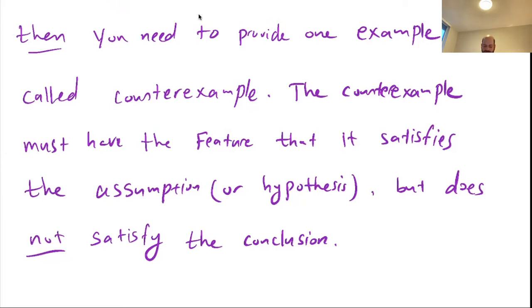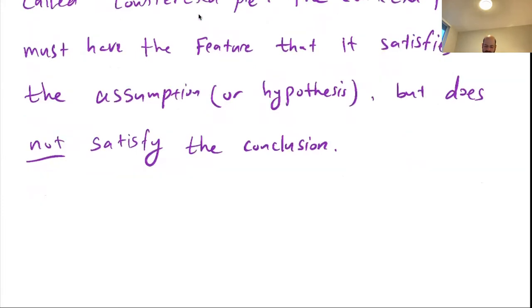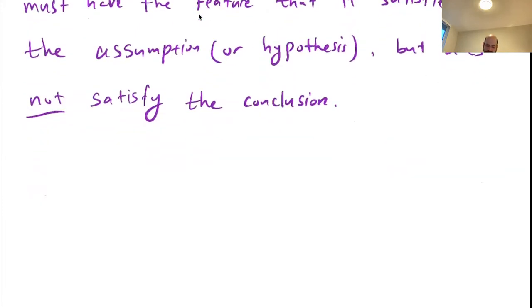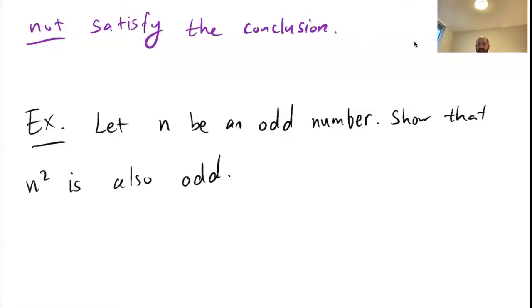Okay, so I'll give examples for all these. So let's start with one simple example here. We want to show that if n is an odd number, then n squared is also odd. So we want to prove a conditional statement here.